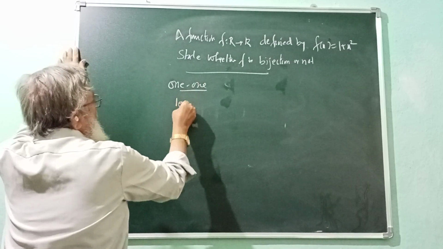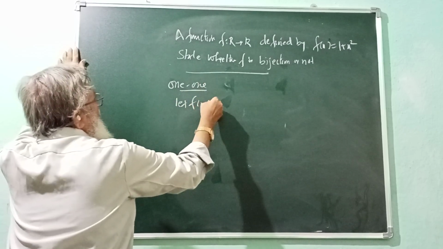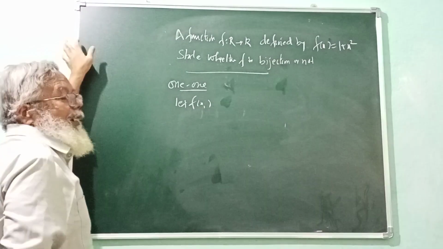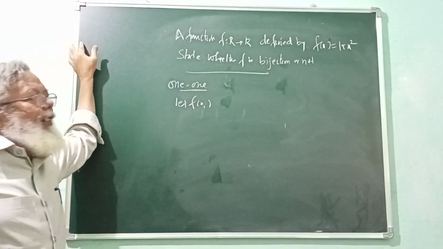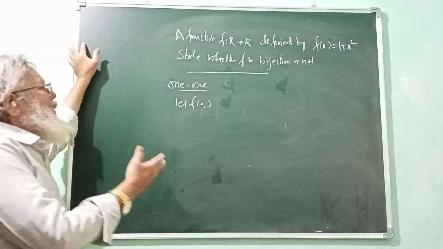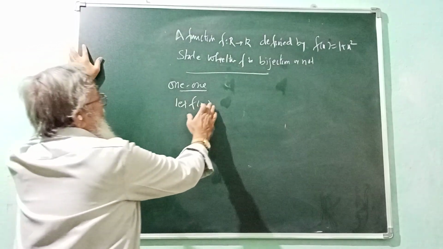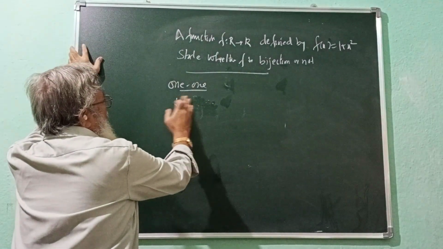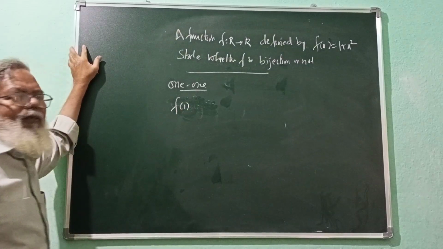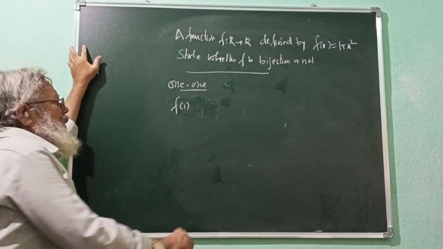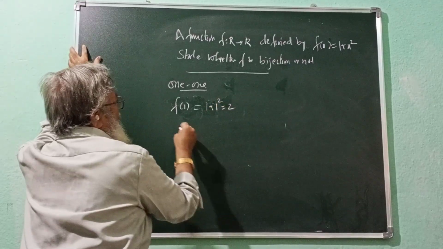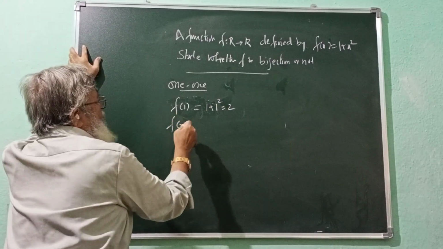Whenever we have to disprove a thing, we can give a counterexample. So here in this case also, let us try to give a counterexample. If you take x = 1, then 1 + 1² = 2. And let us take -1.